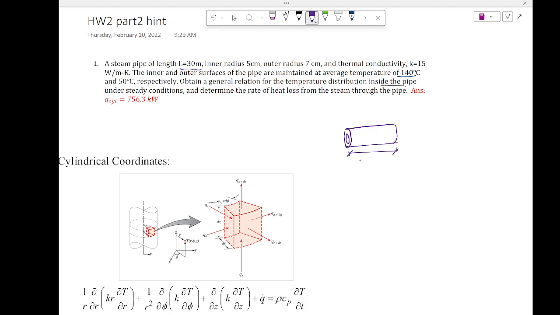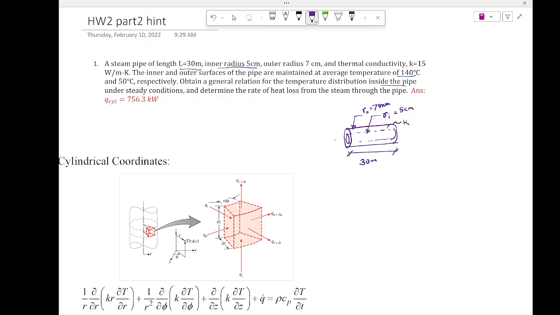All right, so here L is 30 meter, right? They gave the inner radius Ri, given as 5. The outer radius Ro, given as 7.